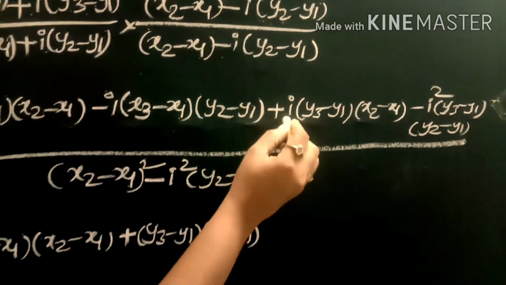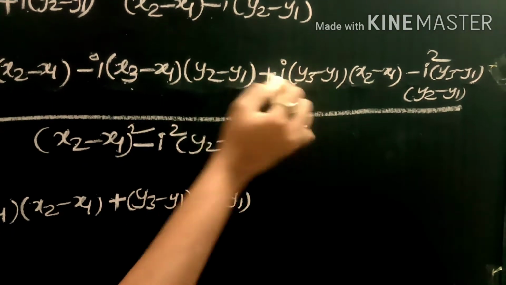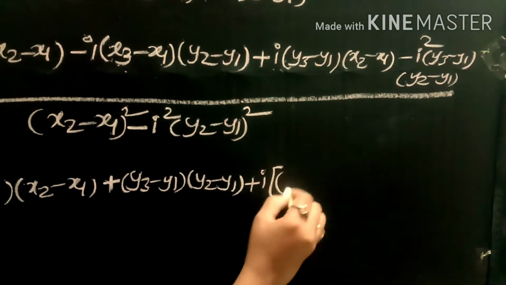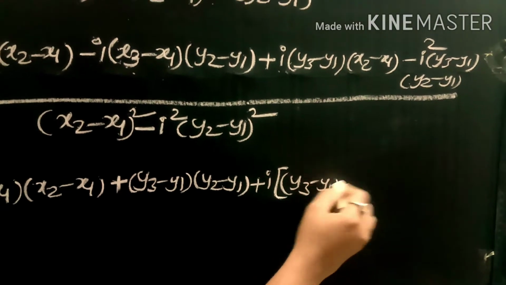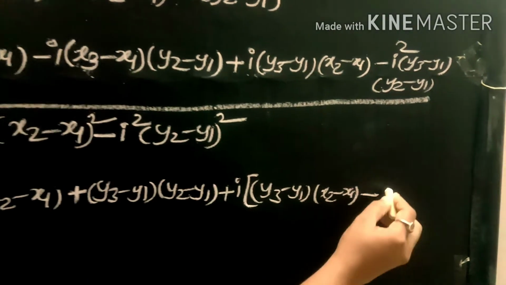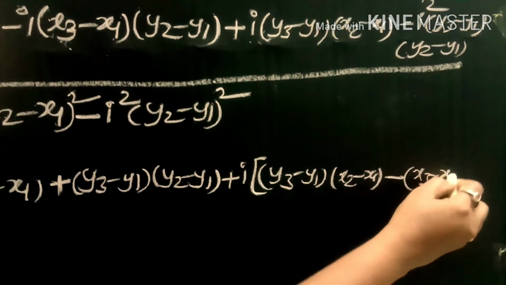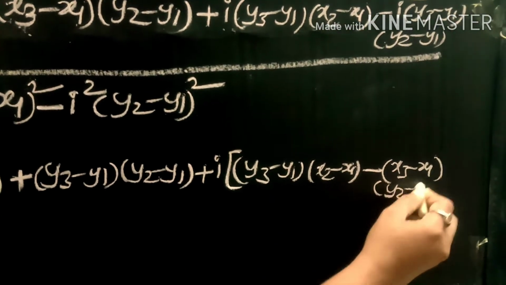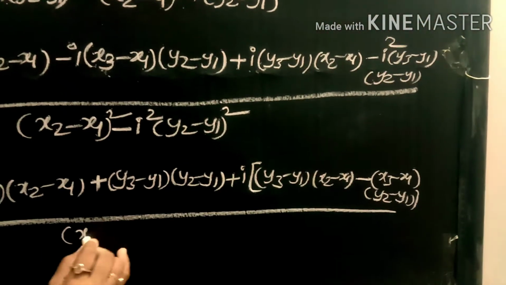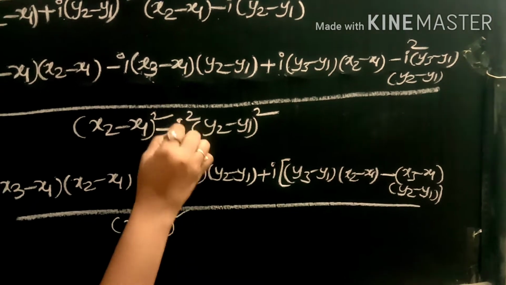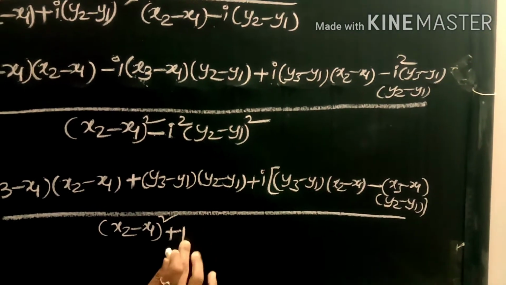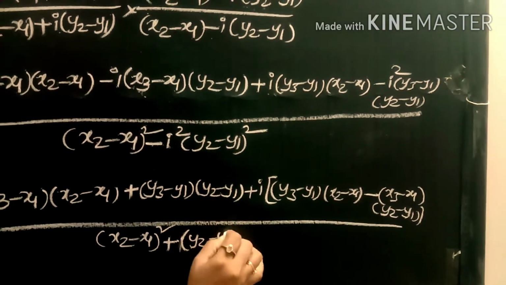Next, writing the imaginary part by taking i common from the second and third terms, that is plus i into the third term, (y3 minus y1) into (x2 minus x1) minus (x3 minus x1) into (y2 minus y1), whole by (x2 minus x1) whole squared minus i squared becomes plus 1, i squared is minus 1, minus of minus is plus 1, plus (y2 minus y1) whole squared.